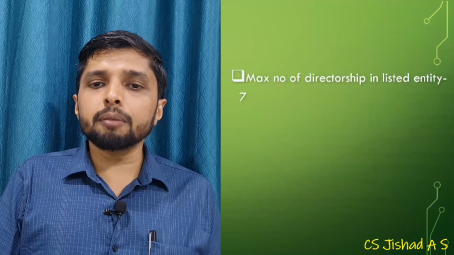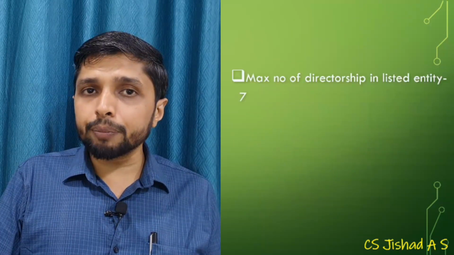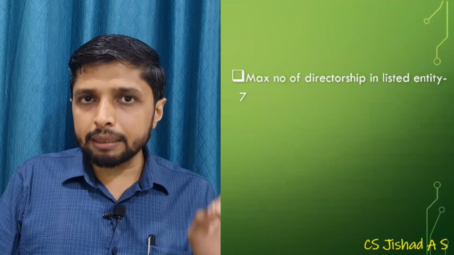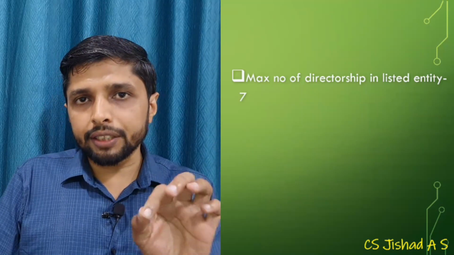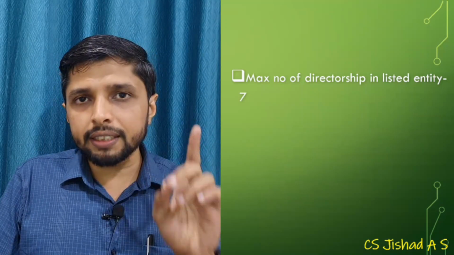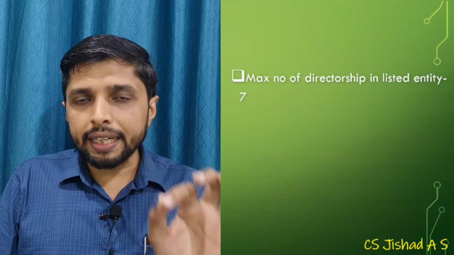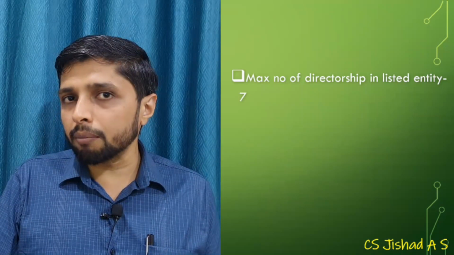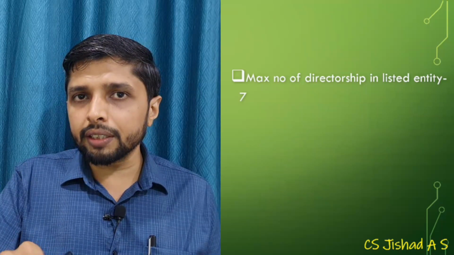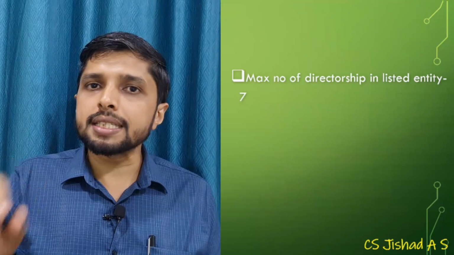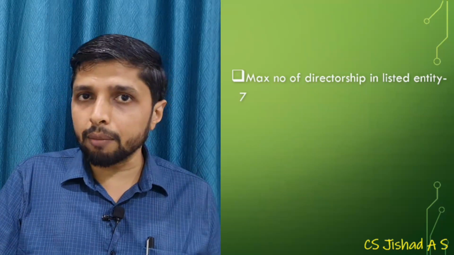Okay, then maximum number of directorships in listed entities is 7. A person can become director in a maximum of 7 listed entities. In section 165 of the Companies Act we discussed that a person can become director in a maximum of 10 public companies, but in regulation 17 it is explaining that that person can become director in a maximum of 7 listed entities out of 10 public.